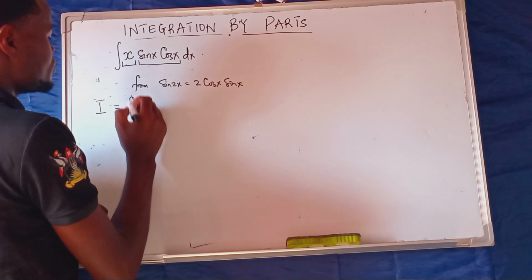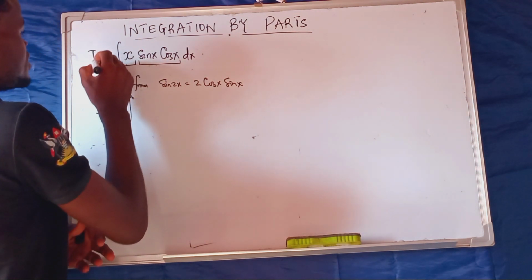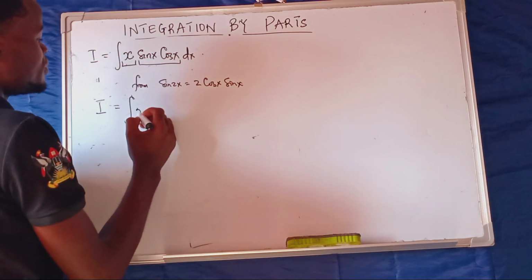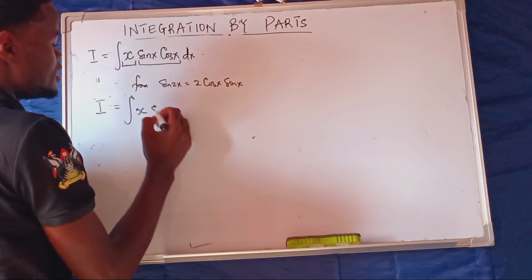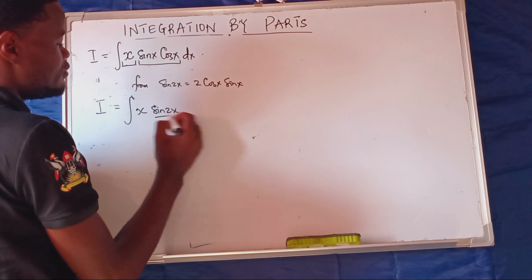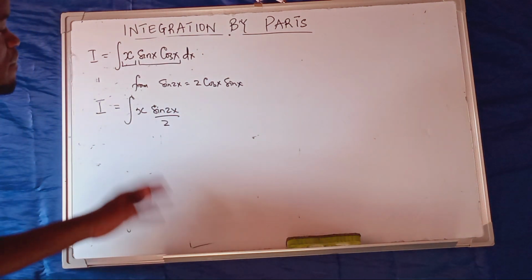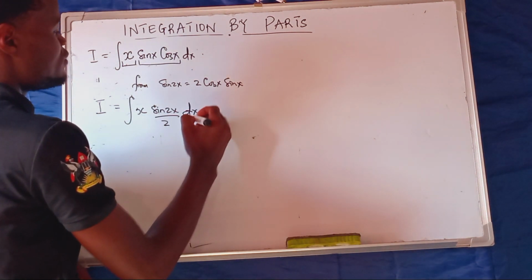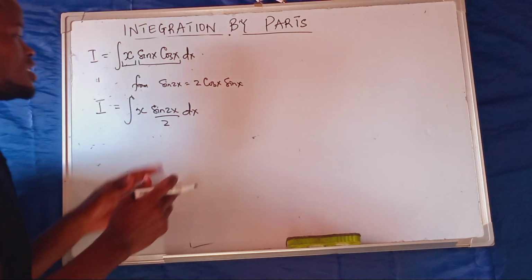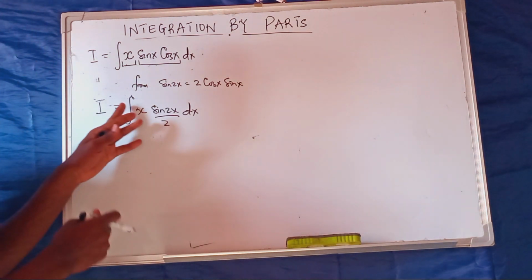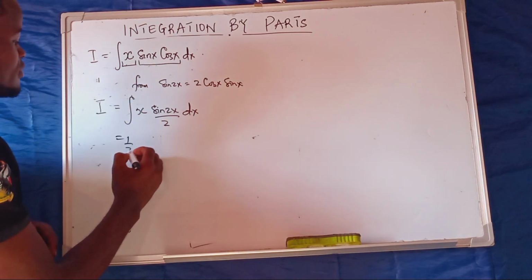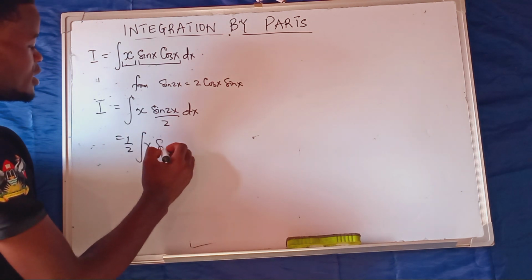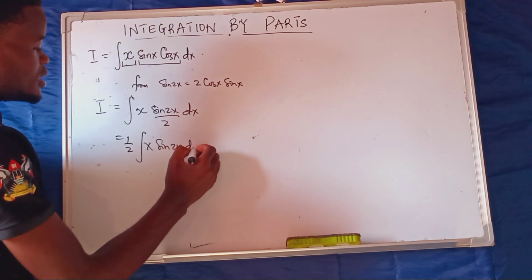So if this is our integral, this integral is equal to x times sin 2x over 2. Then this one is easy to solve. This is a constant. We can easily put it here. This is a half integral of x sin 2x dx.